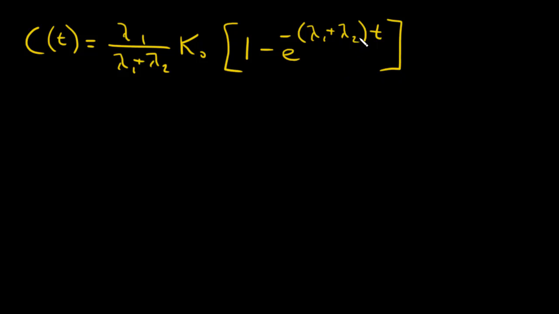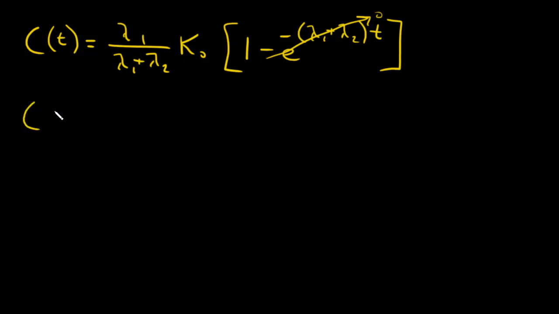Now, as t goes to infinity, this is e to the negative infinity, which is basically 1 over e to the positive infinity. 1 divided by infinity is 0, so this whole expression goes to 0. I'm left with just 1 times this ratio as t goes to infinity.